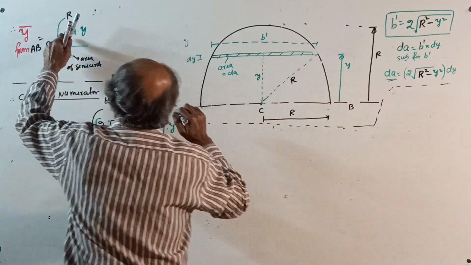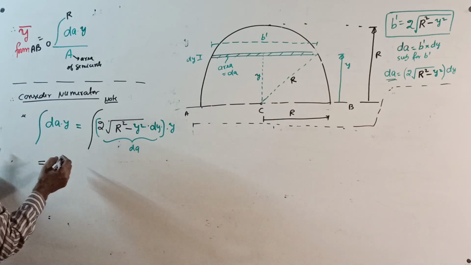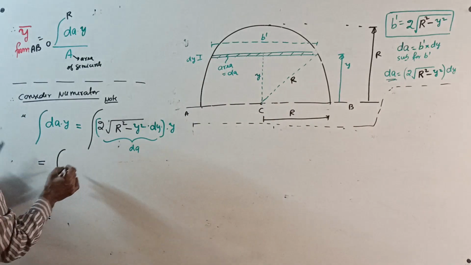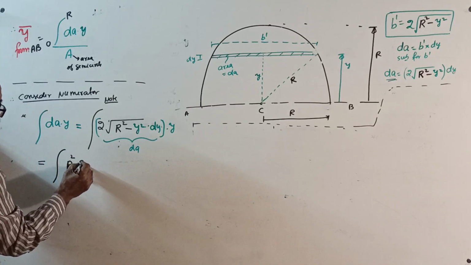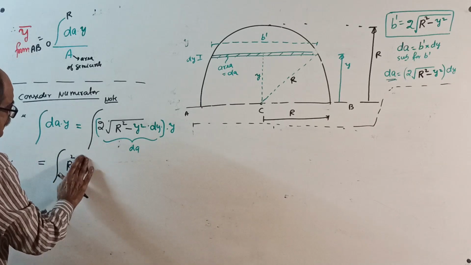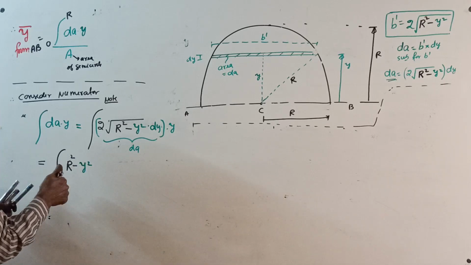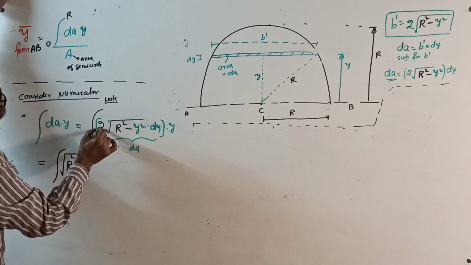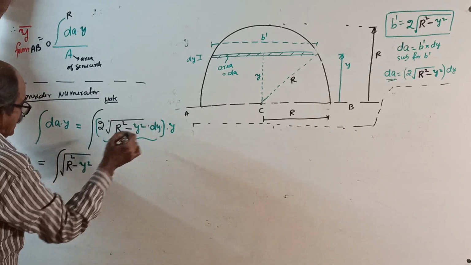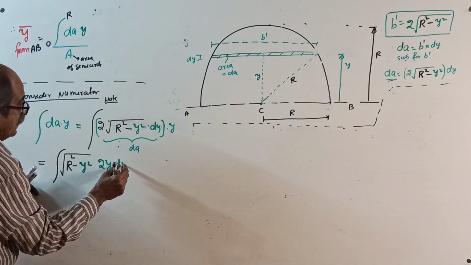Our formula is the integration of dA into y, equal to the integration of root r square minus y square. Now, I want the 2y pattern, so it is into 2y into dy.